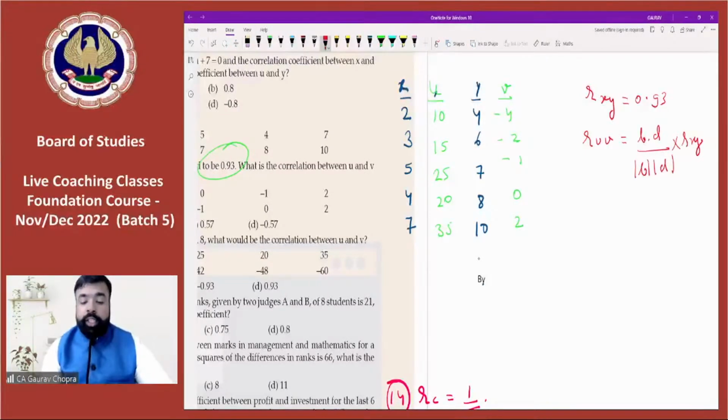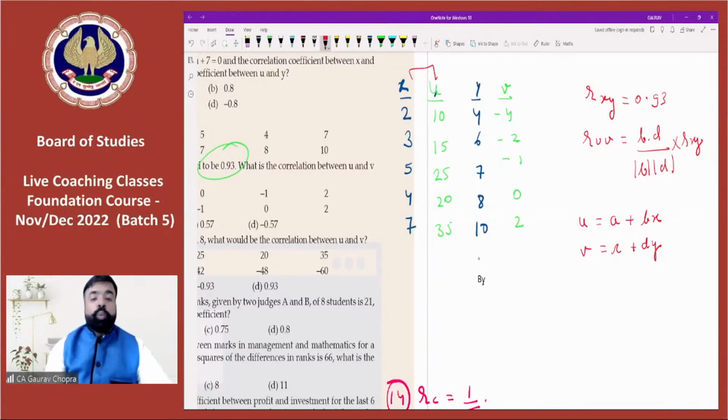So we can write the equations in the format U is equal to A plus BX, and V is equal to C plus DY. So these are the two equations. Let us first form the equation between X and U.